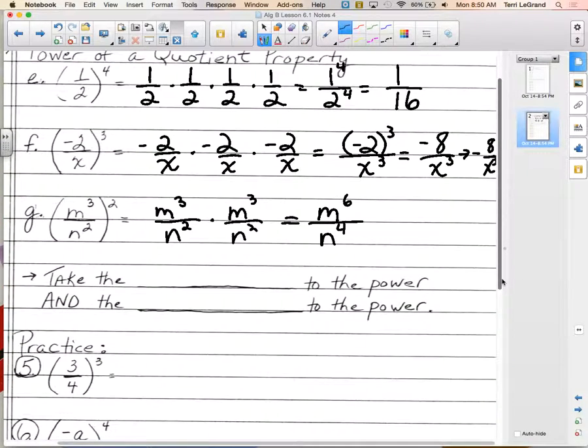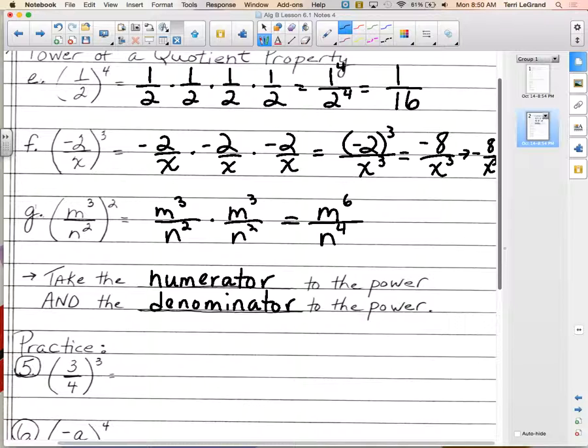What shortcut can we take when we have a quotient, a division problem, being taken to a power? We can take the numerator to that power, and we must also take the denominator to that power. If we go back and look at them, that's what ended up happening.